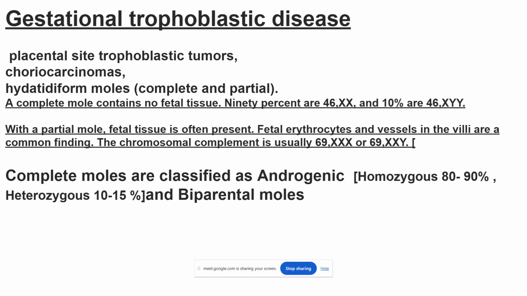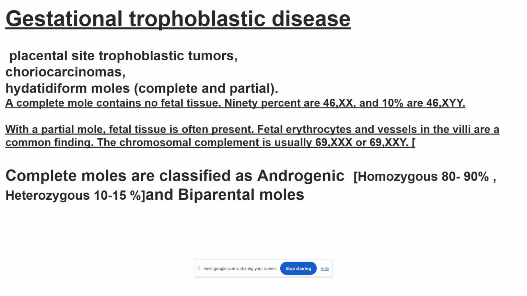Or if the same has XY, that's two of the male gametes, then that's the other way. So there could be two varieties. That's what we call the complete mole, where there is virtually no fetal tissue.